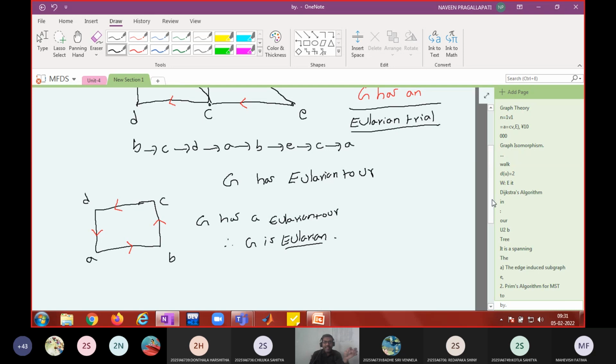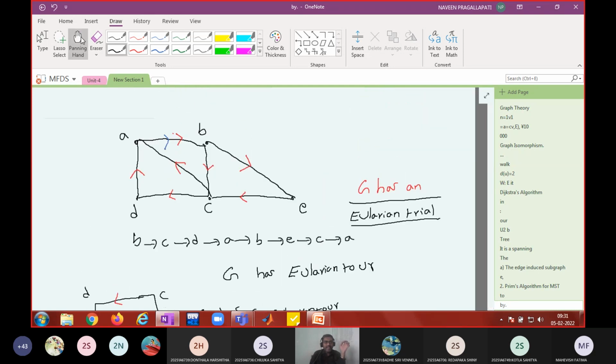Is it having that? Do you find such a tour here? Starting from one vertex and coming back to the same vertex just by visiting one and only one time each edge. Is it possible? Check once.